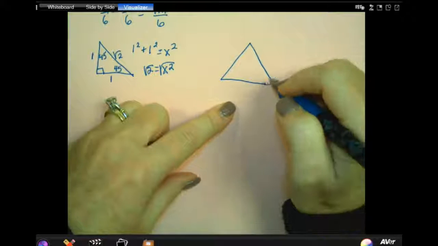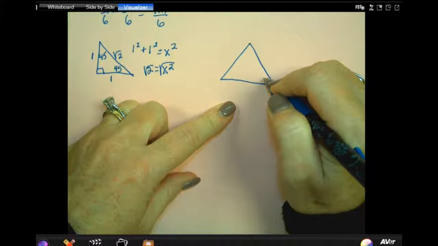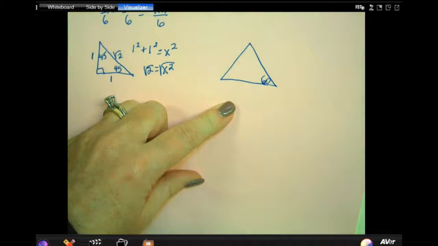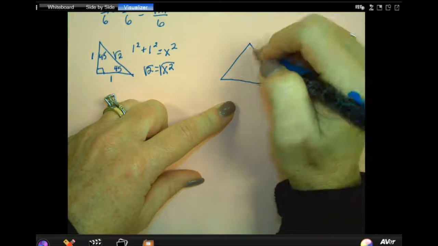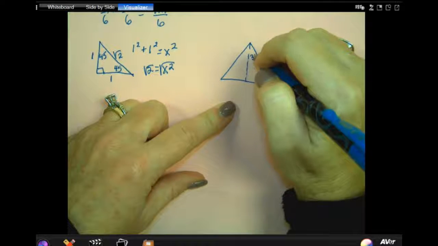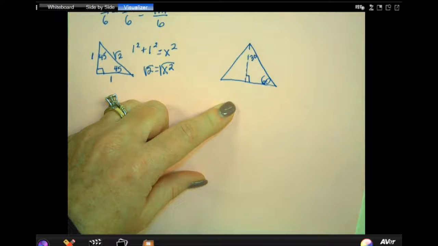So this one is 60. Now I'm going to drop a base right down the middle. The top angle is now 30, and this is a right angle.